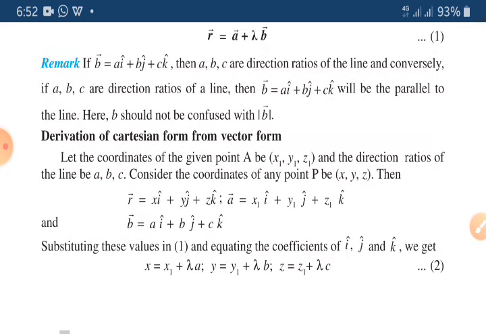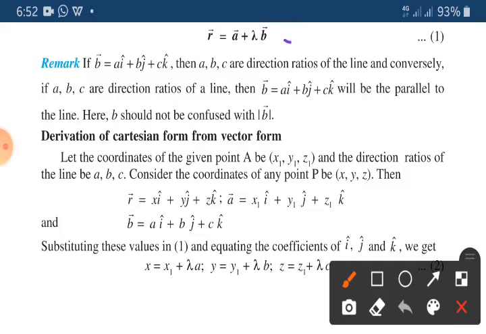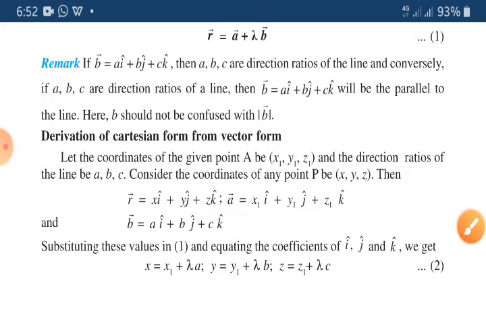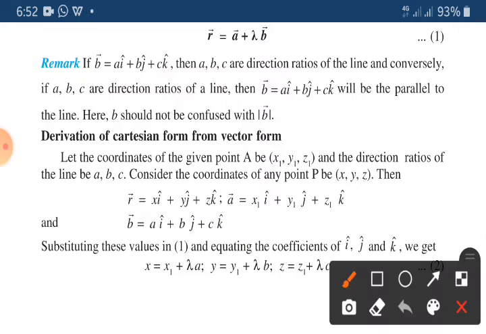This is the first equation. Put r vector equal to x i cap plus y j cap plus z k cap in the first equation, along with a vector and b vector. Then we have x equal to x1 plus lambda a, y equal to y1 plus lambda b, and z equal to z1 plus lambda c.